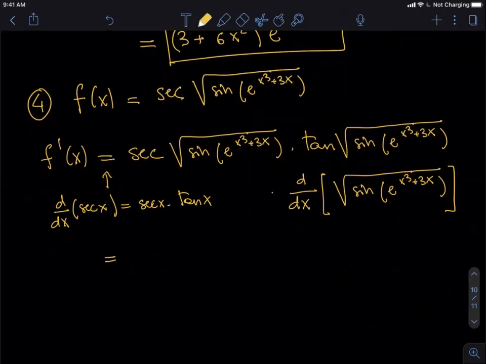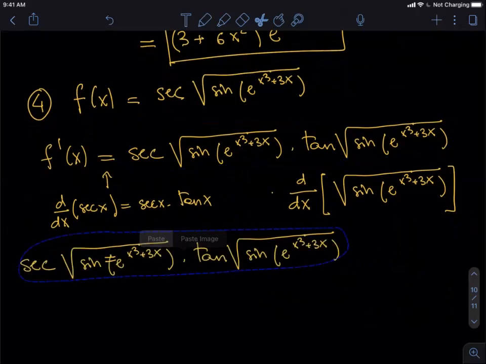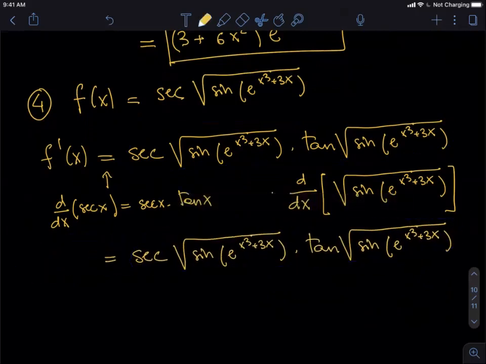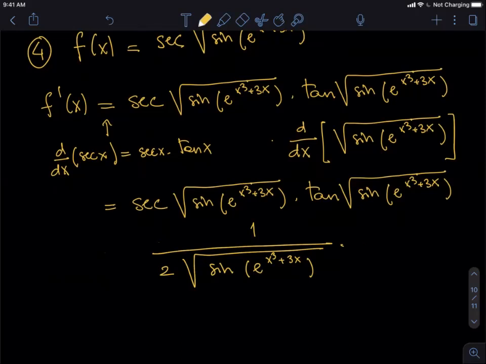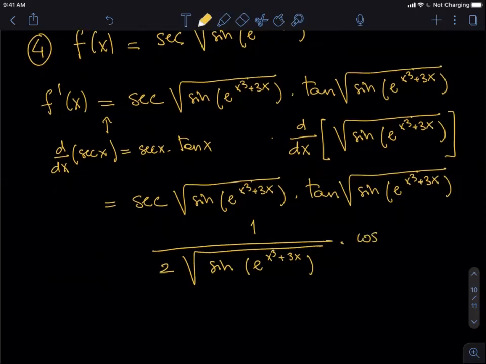All right, so the first part, we are not going to do anything with it, so we can just copy paste. And for the second part is the square root, right? So the derivative of the square root is 1 divided by twice the square root of sine of the exponential of x to the power 3 plus 3x times the derivative of what is inside, which is the cosine of the exponential of x to the power 3 plus 3x. Okay.